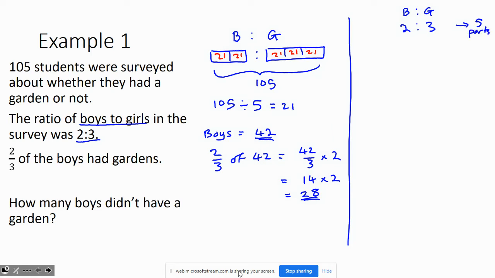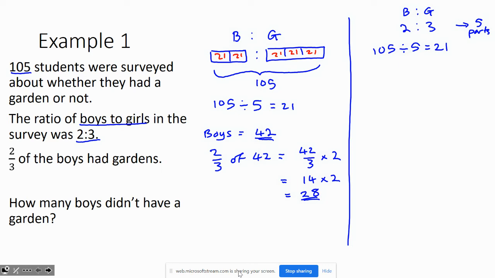But we want 105 students, so we want the boys and girls to add up to 105. So if we do 105 divided by 5, we get 21. And you can see how that links in with the bar model on the left-hand side. It tells you that each part is worth 21.